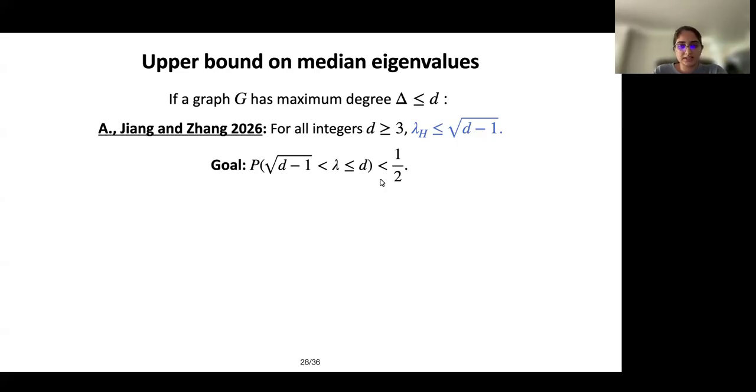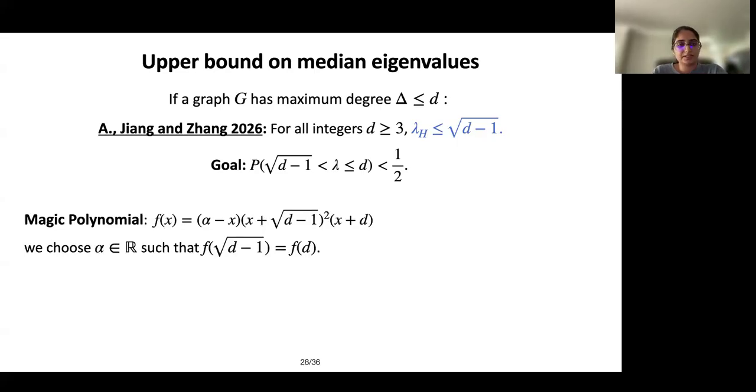So to start this proof, we start with a magic polynomial f(x), where the roots are minus d, two of them are minus square root of d minus 1, and we quite cleverly pick alpha such that f(square root of d minus 1) is equal to f(d).